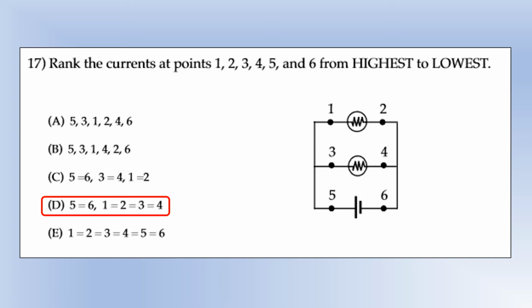That splits to go through 1 or 3, and since the resistors are equal, it will split equally. So the current going through 1 is the same as the current going through 3, but each of those is half of the current going through 5. That leads us to the next one, because the current in 2 is the same as 1, the current in 4 is the same as 3, and the current in 6 is the same as 5. So that gives us option D.